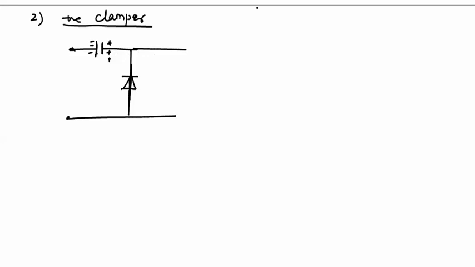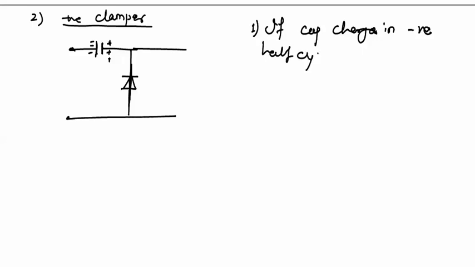Now we can draw one more conclusion, that if the capacitor charges in the negative half cycle, it is a positive clamper, as we can see in the circuit.